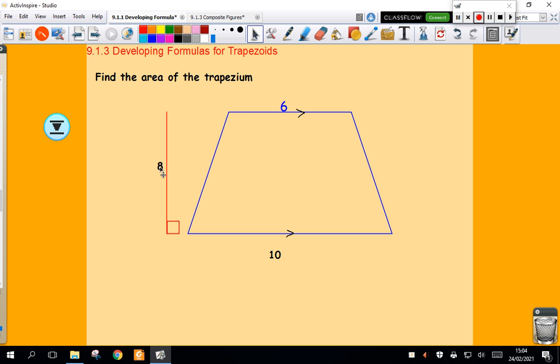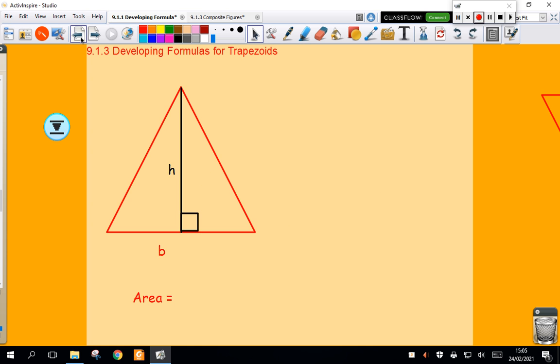And before I talk about developing the formulas for the areas of a trapezoid, I want to just remind you how we found the area of a triangle. We did a series of things actually. We defined what a unit square was, a definition, and from that we were able to come up with the area of a rectangle.